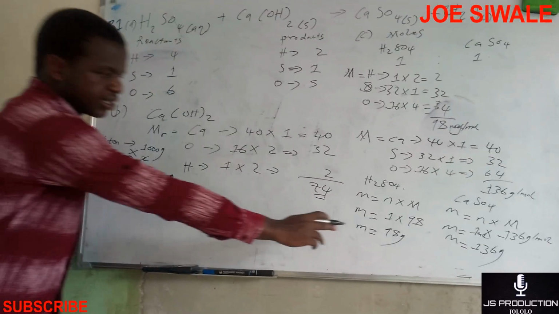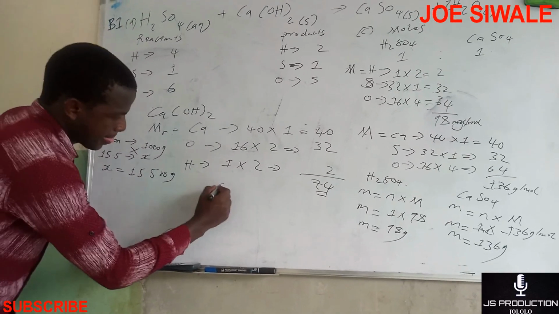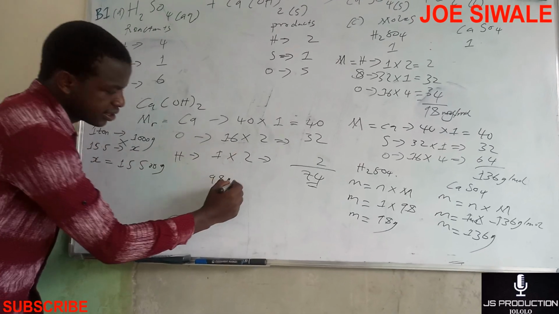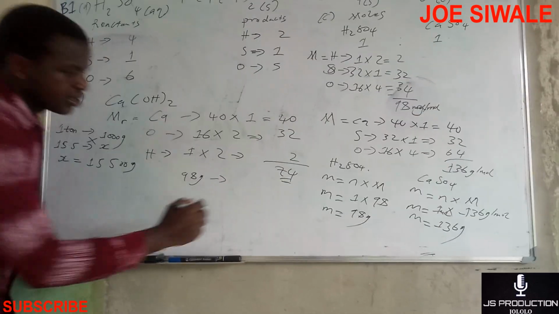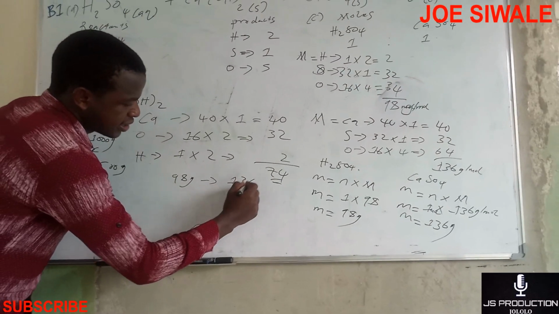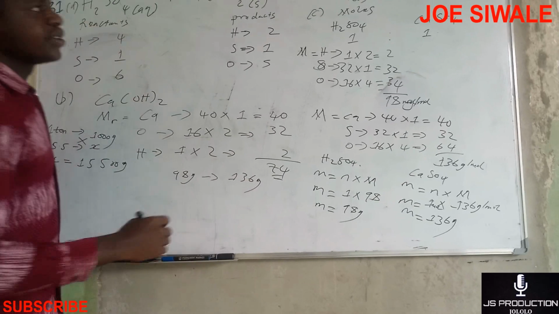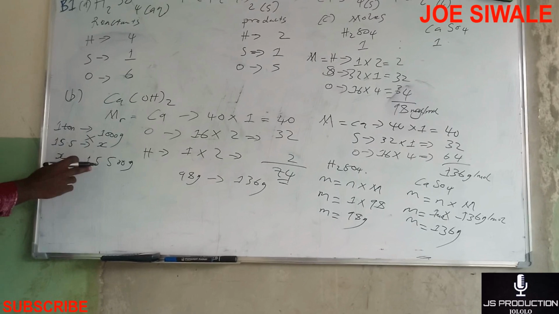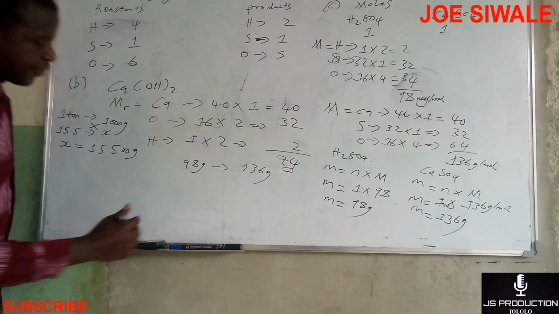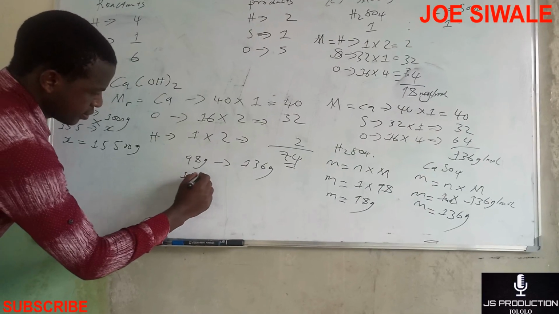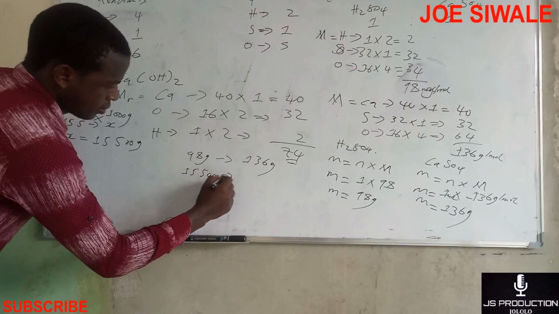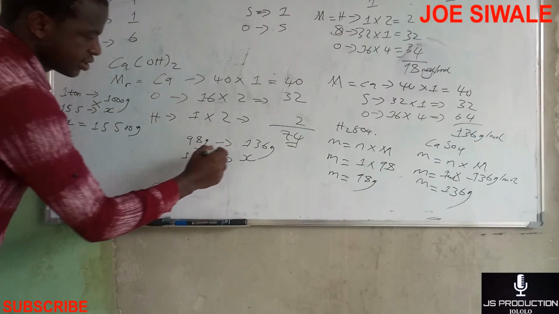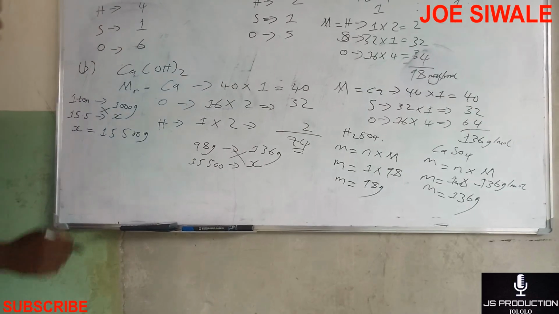Then I know that 98 grams of sulfuric acid will produce 136 grams of calcium sulfate. So what about 15,500 grams of sulfuric acid? Will be equal to x for calcium sulfate. So I'm going to cross multiply.